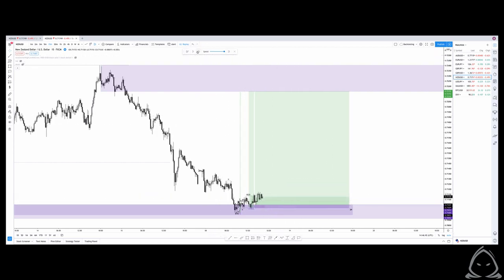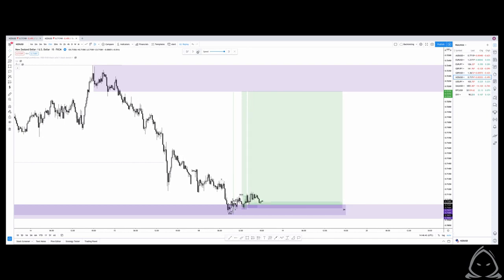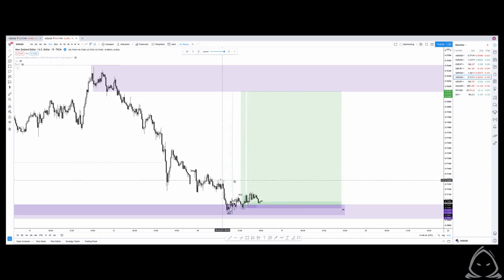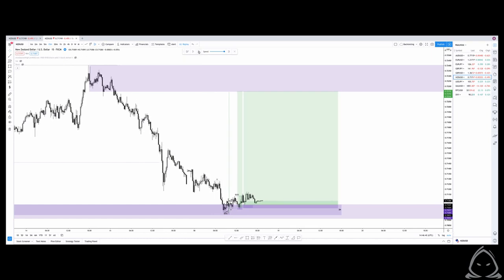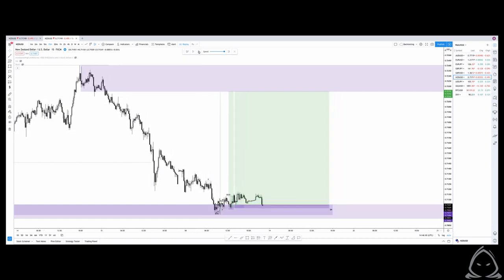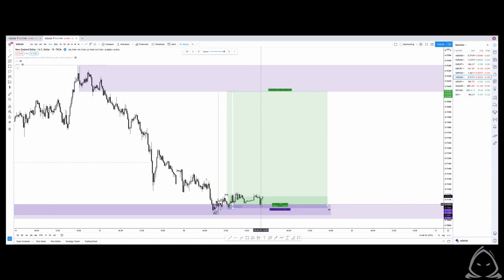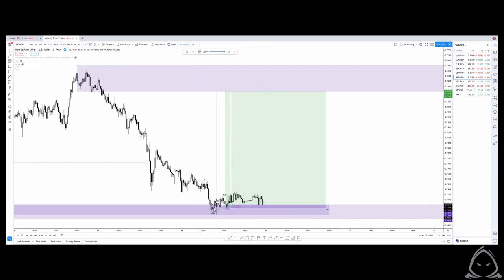And I'm not too strict with managing either. Once we clear these highs here, I'll definitely pull a chunk of the trade, because I believe in paying yourself massively. This was a little bit of a slow burner. This is why I mentioned not going to break even, because you would have now taken a break even on this, and then price is going to rally again.